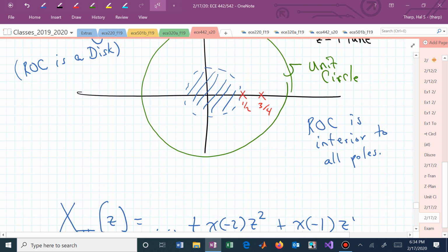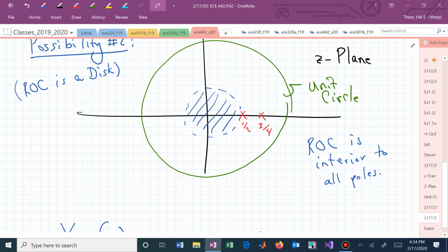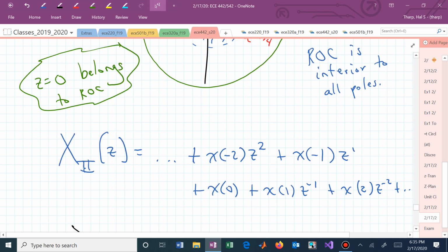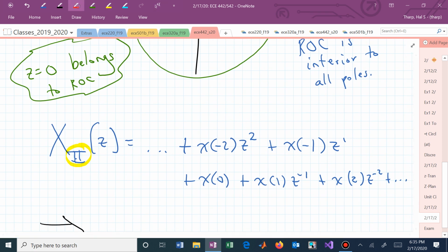And what's a convenient extreme value in this region of convergence? That's the origin, or 0. So this z equal to 0 belongs to the region of convergence. And do you now see how you can use that in this possibility number 2, this expansion? Which of these pieces, or coefficients, have to vanish?